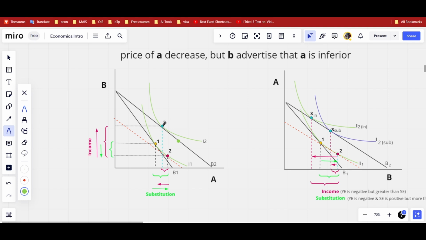This is why we're here at point 3. If you want to show both of them moving together, then this new point has to be past 2, and then the purple arrow would turn the other direction. So you have to understand how you're drawing it on the graph.